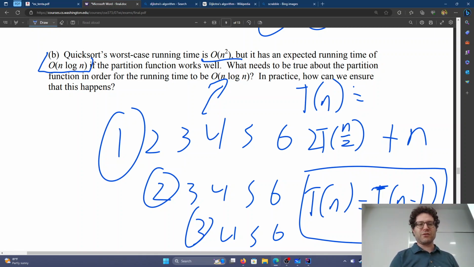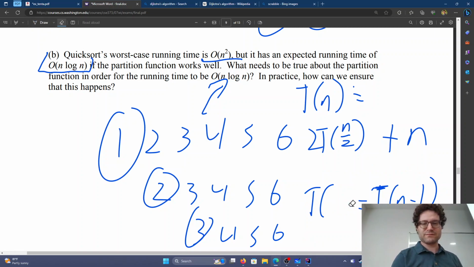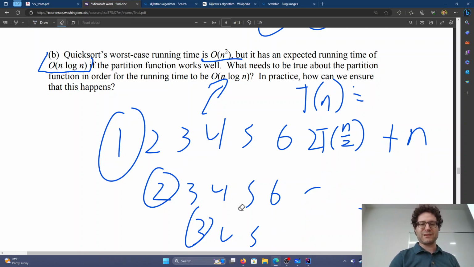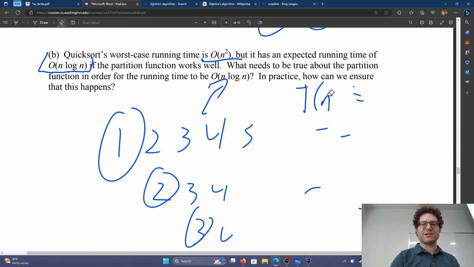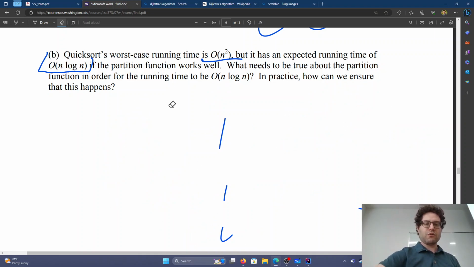So what has to be true about the partition function for n log n? We need about half the items to go to the left, half the items to go to the right, which means we need the pivot to be close to the median.